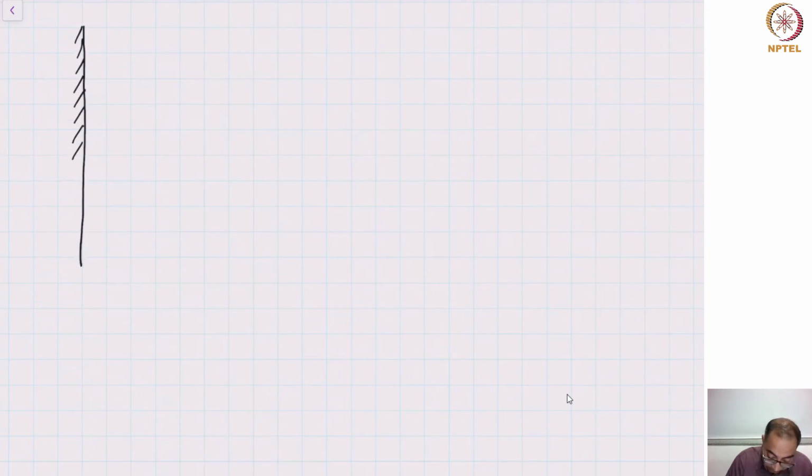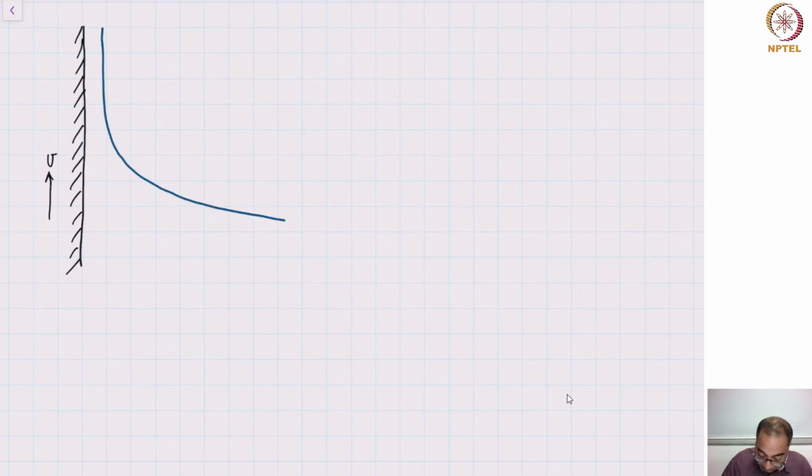So we will follow the approach that Landau and Levich and subsequently several authors have done. So the idea behind this process is as follows. Here's a substrate moving with a velocity u, right? And the interface that is of interest to us, this is the interface.